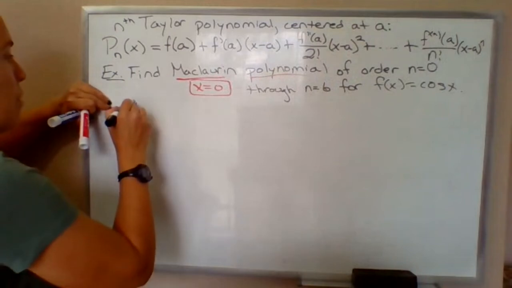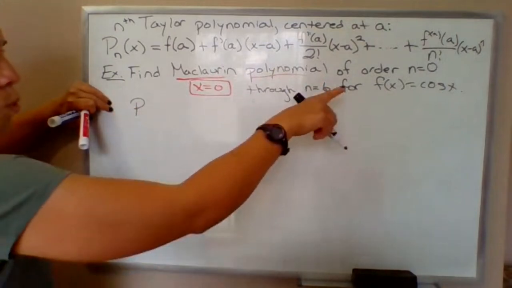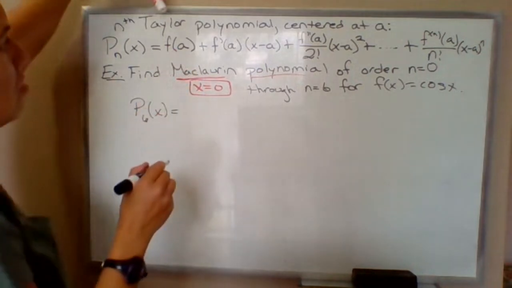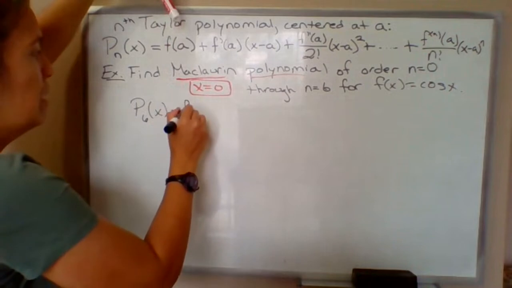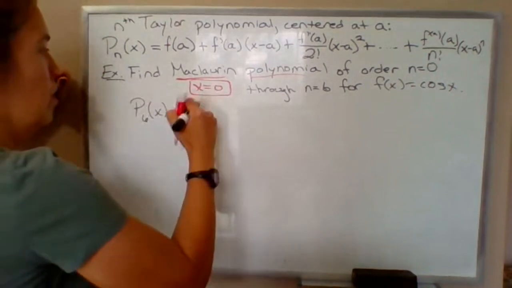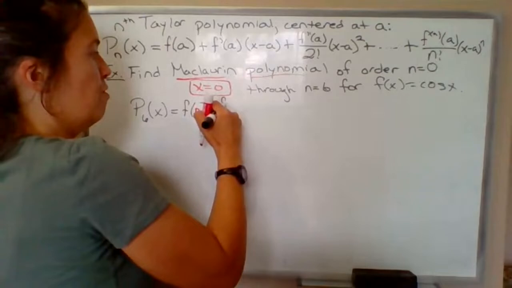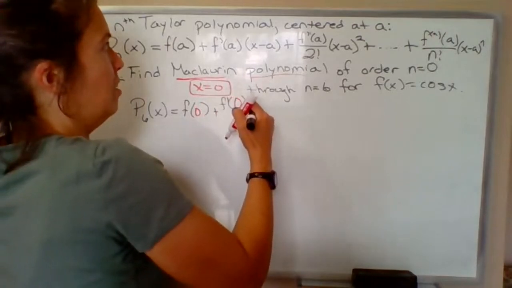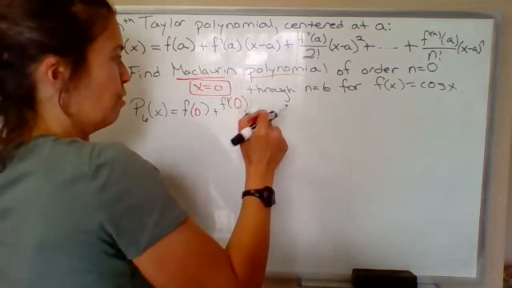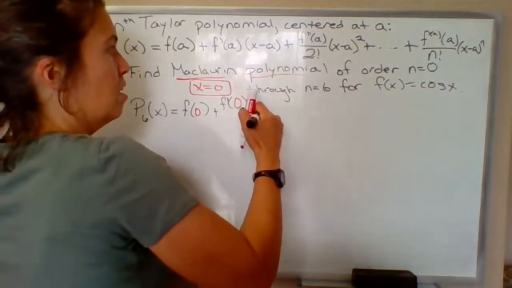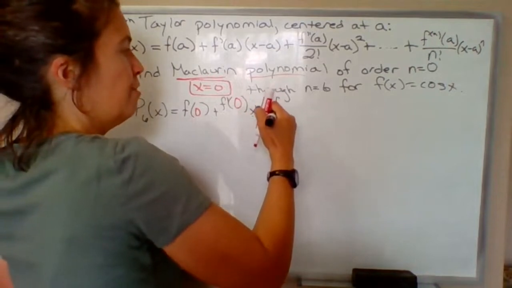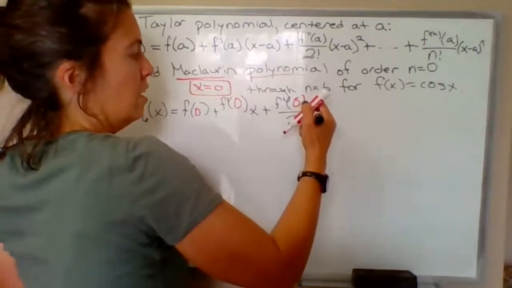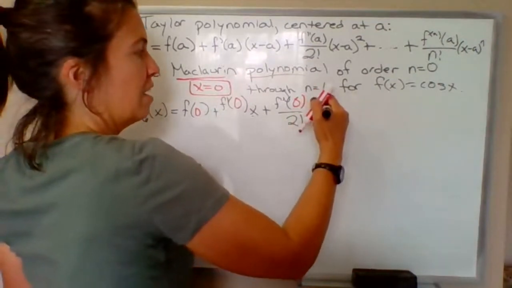But the general format here, let me write this out for the order 6 polynomial, the very last one that we come up with. We're going to substitute 0 for the a's. So it'll be f of 0 plus first derivative evaluated at 0 times x minus 0 to the first, so that's just going to be x, plus the second derivative evaluated at 0 over 2 factorial x minus 0, which is just x to the second.